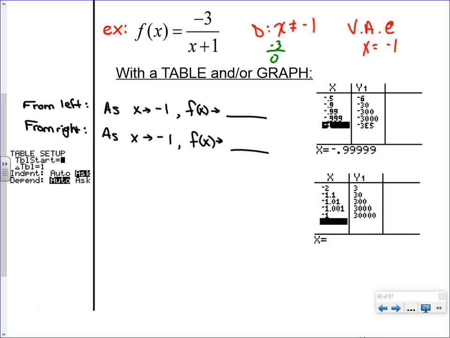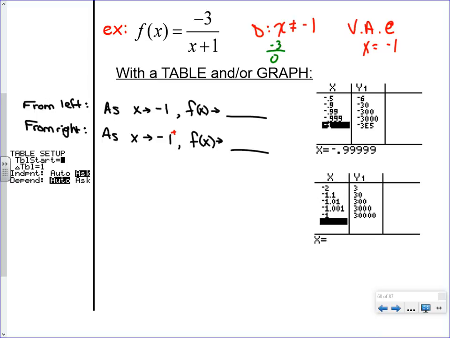We have to keep -1, because it is the vertical asymptote, but what we can do, and what is commonly practiced in math, especially as you get into pre-calculus and calculus, is to put something little in the power that denotes how we're coming. If we're coming from the right, we're coming from numbers a little bit more than, and we put a plus.